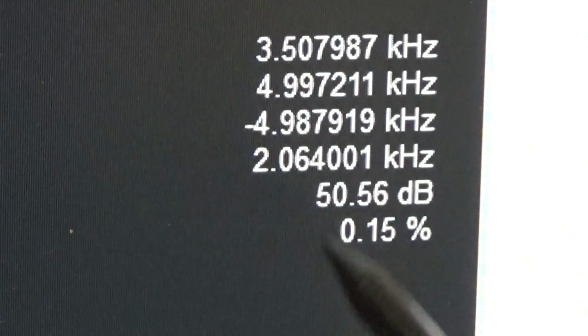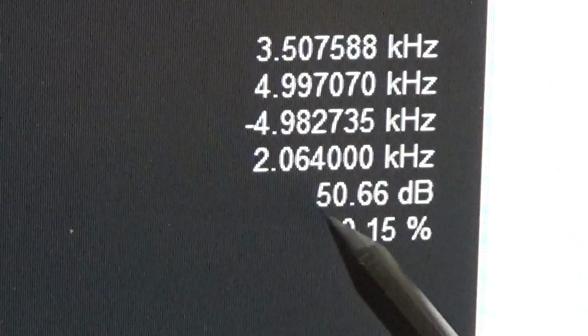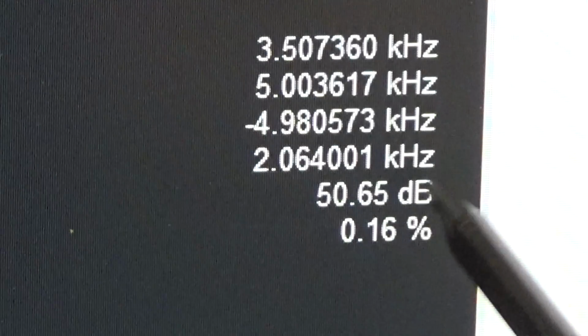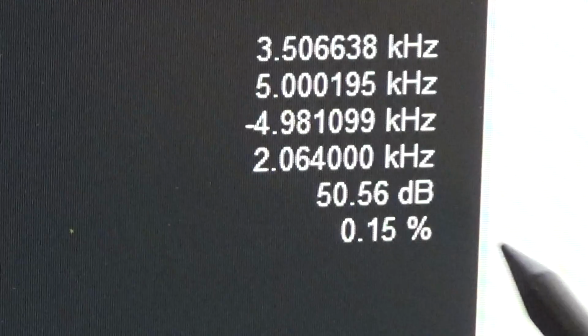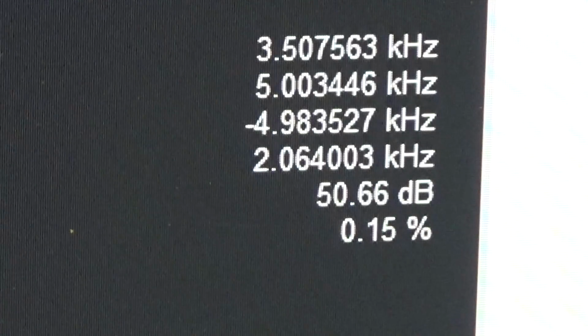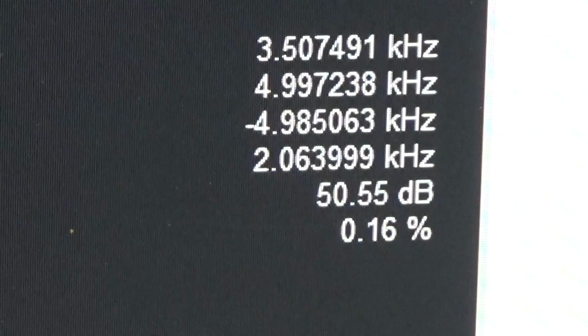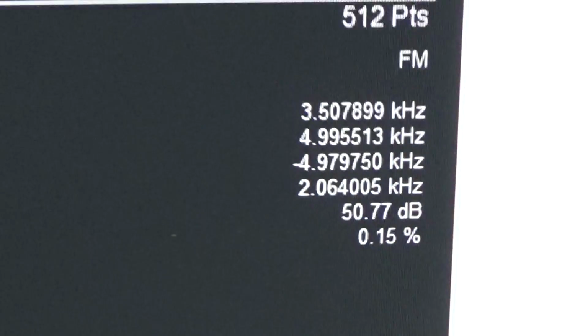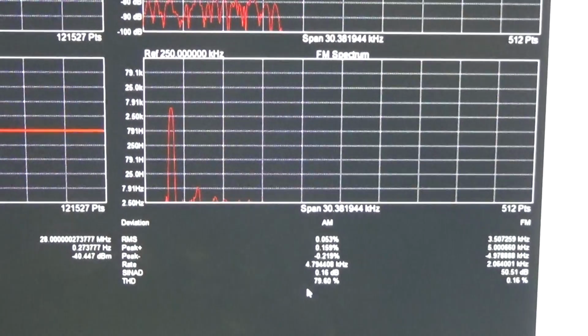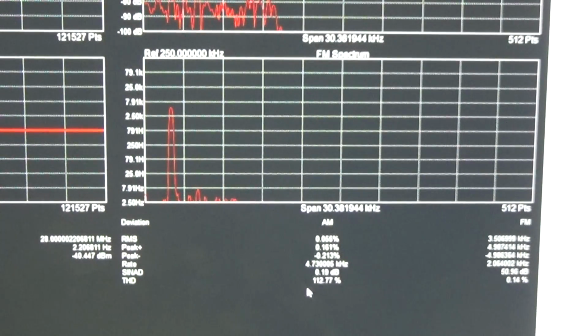So for the signal we are working on, you see our SINAD is 50.6 dB, and our THD is 0.15%. So you see those are really nice figures, and yeah, we really have all the analyses we need here with our Signal Hound.